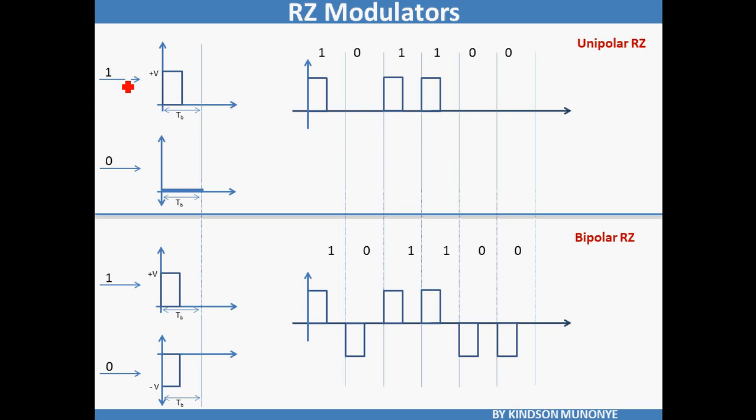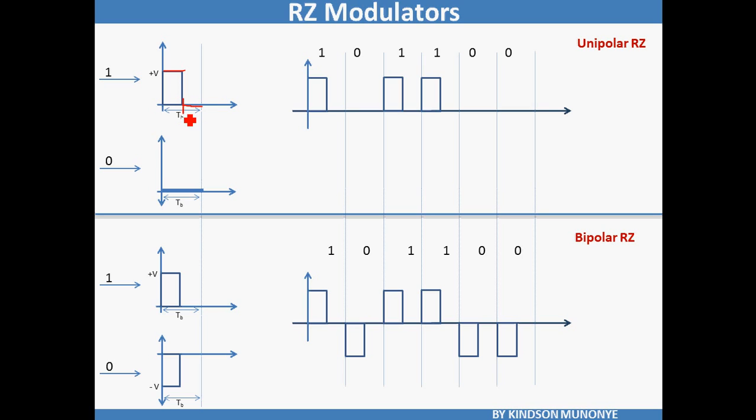Let's say a 1 is received, the signal stays at plus V for half the time, and at 0 for half the time.